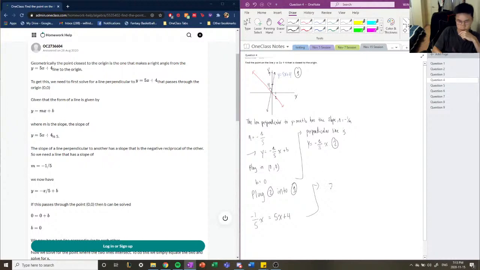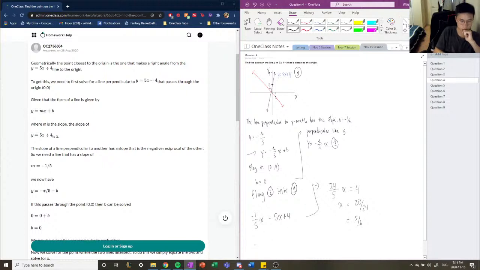Let me think about that. We isolate x, so we move this to the other side, so we get 20 over 24, or 5 over 6. So x equals 5 over 6.